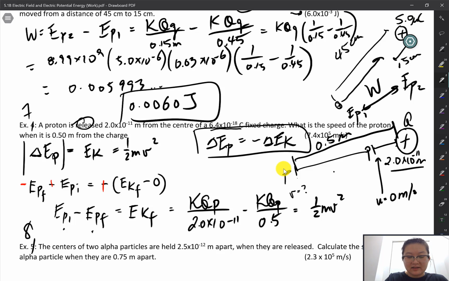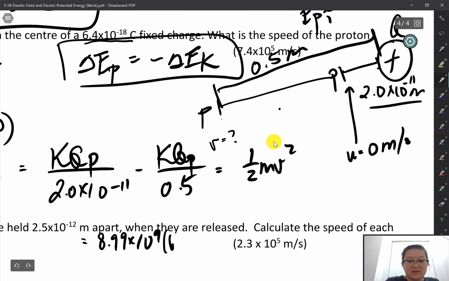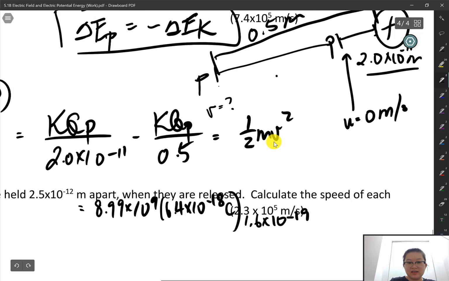So let's calculate. Oof, I'm running out of space here. Okay, I'm just going to cram this down over here. And my Q is 6.4 times 10 to the power of negative 18 coulombs. And then this is going to be times my proton, which is an elementary charge of 1.6 times 10 to the power of negative 19.